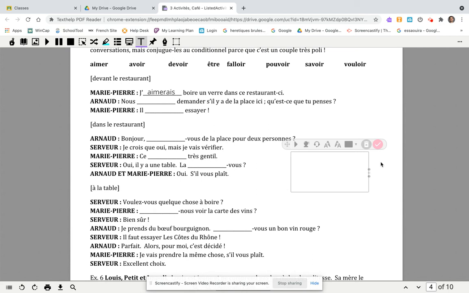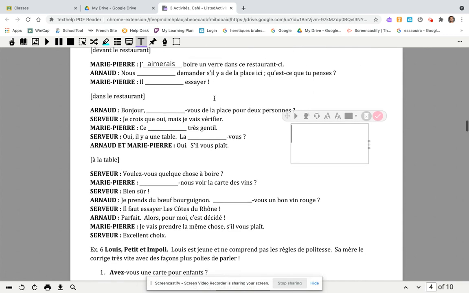He could say we should ask. You can't use falloir, be necessary to, because that's only ever used with il. So there's a bit of a hint. Would he say we would like to ask? I doubt it. That one doesn't seem like it would go very well. But in any case, you only use each of these once.